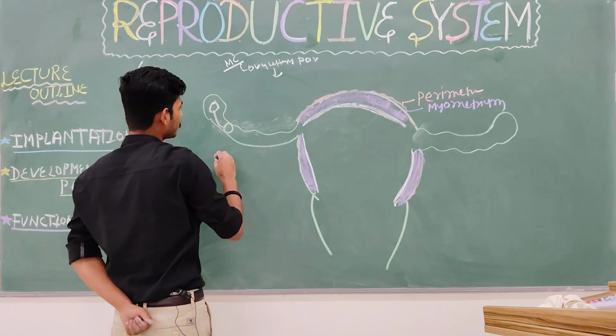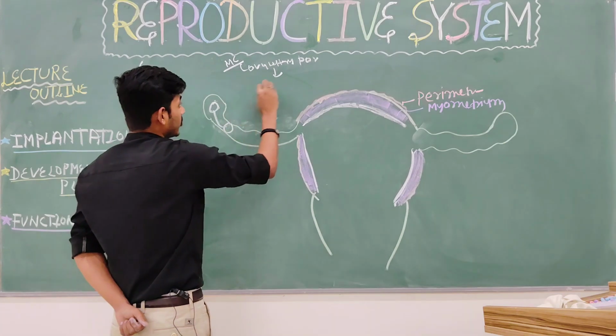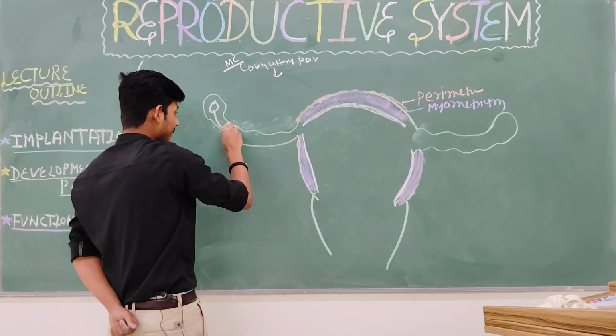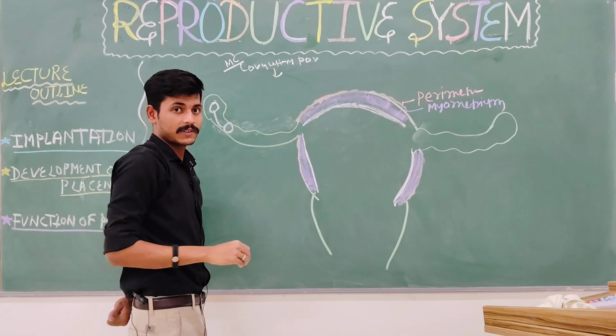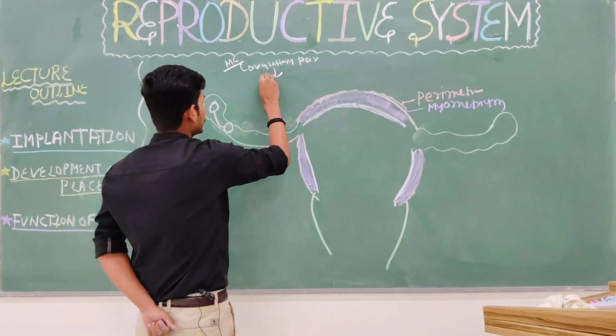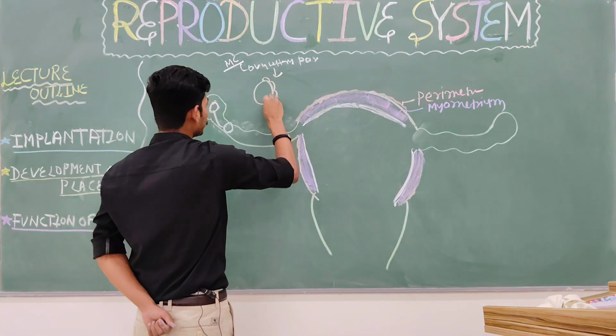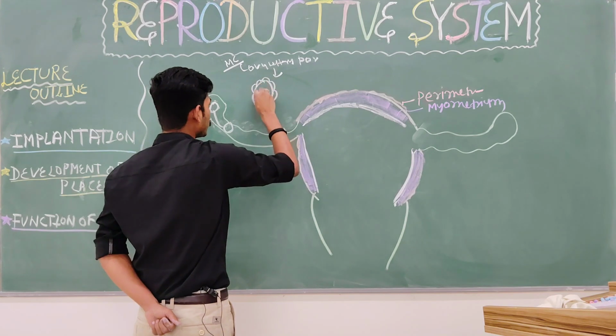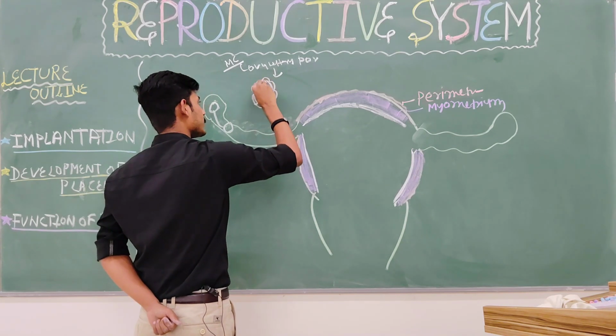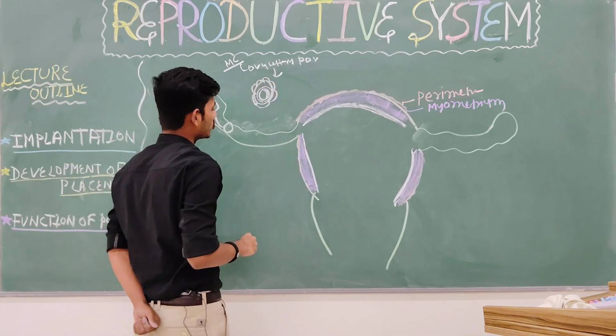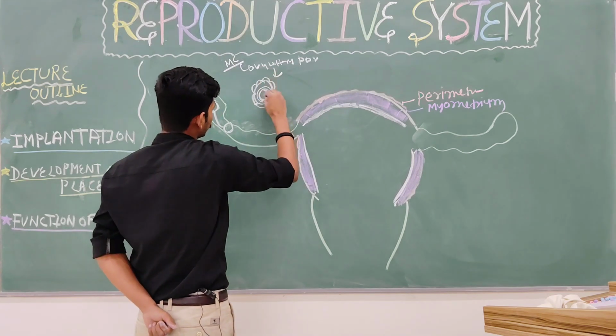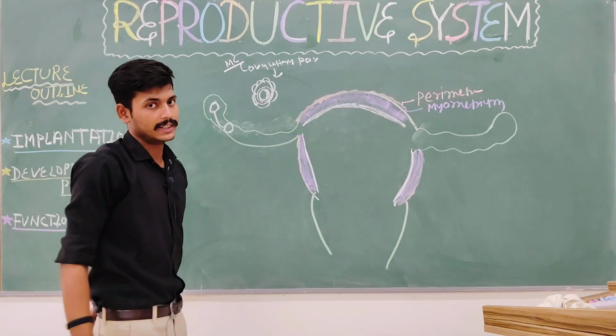Are you getting the point? The secondary oocyte is released from the mature Graafian follicle. See, this is one mature Graafian follicle, and this is the ovum, and there is a glycoprotein layer, the zona pellucida, and there is a granulosa cell layer.